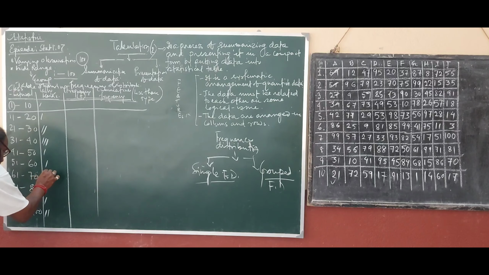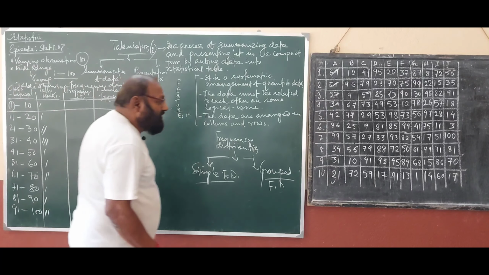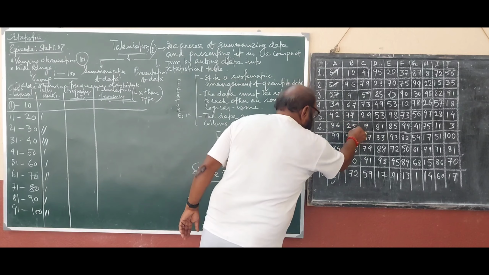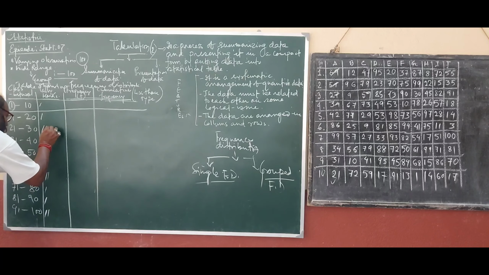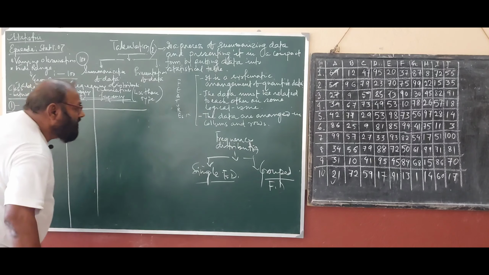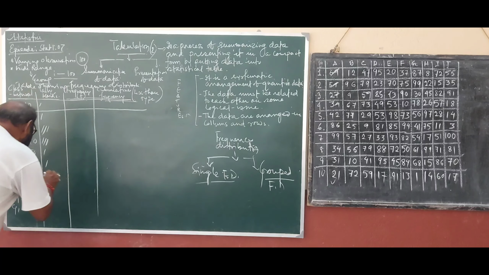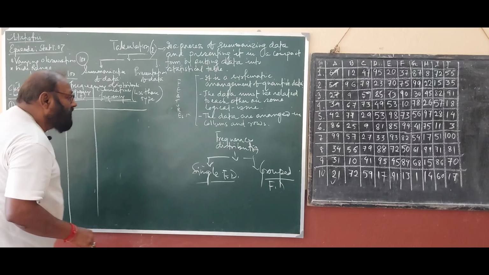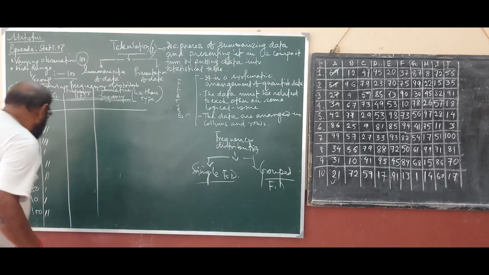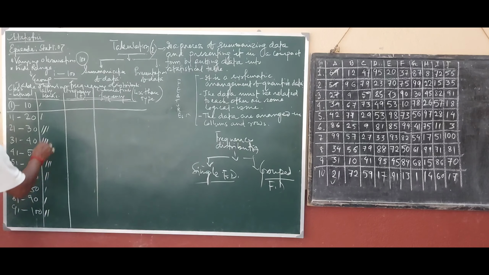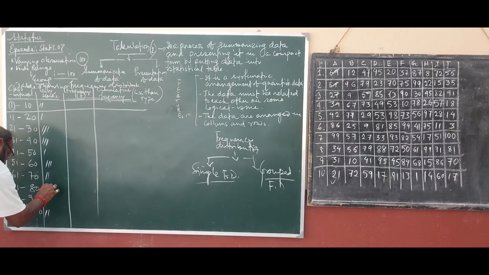Where is 67? Over here. 77 over here. Okay? 25, 57. 25 and 57 are over here. Then 56, 10, 72. 56 over here, 10 over here, and 72 over here.